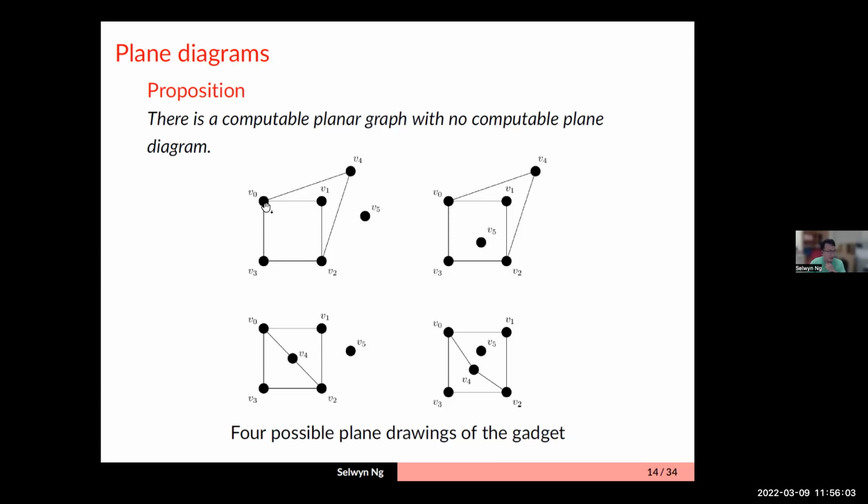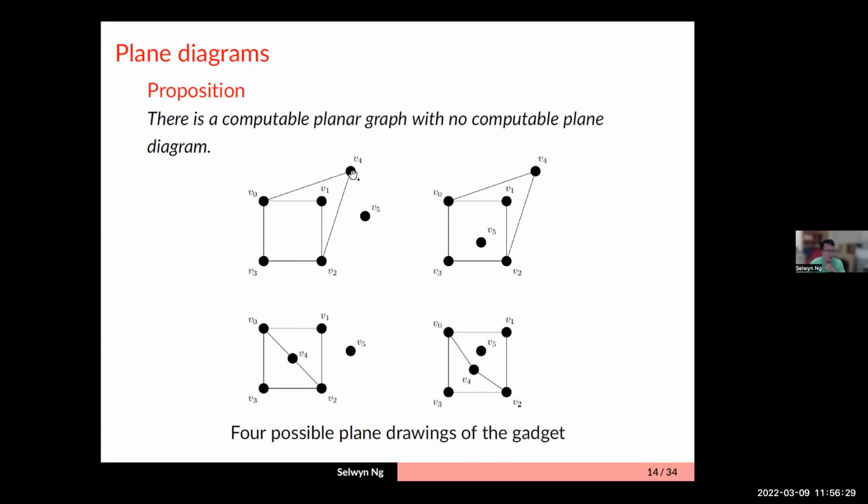So if you're watching the eth partial computable diagram, for example, then we want to introduce a gadget of these six vertices, 1, 2, 3, 4 and so on. In the computable diagram that we are trying to diagonalize against, there are only these four possible ways that it could put down this particular gadget.